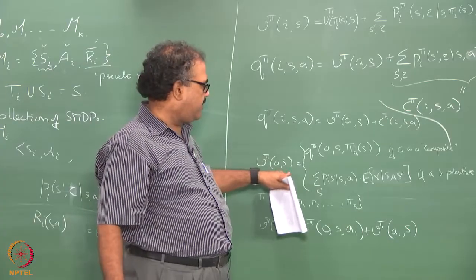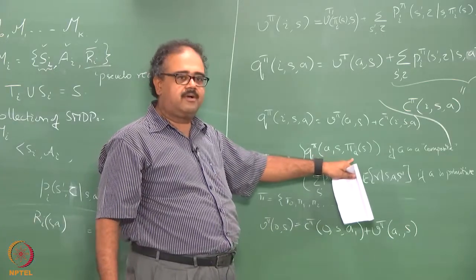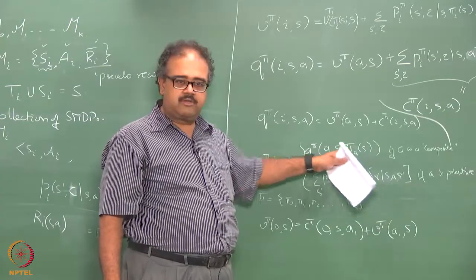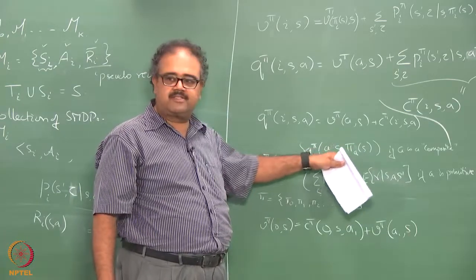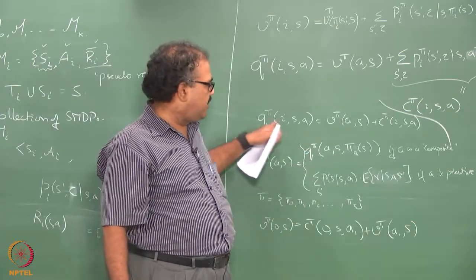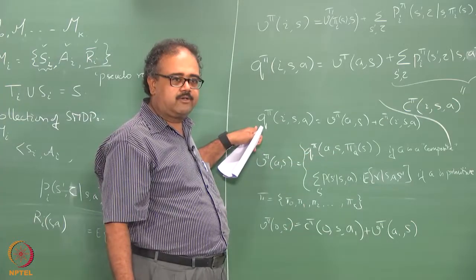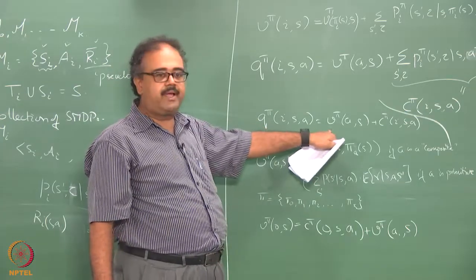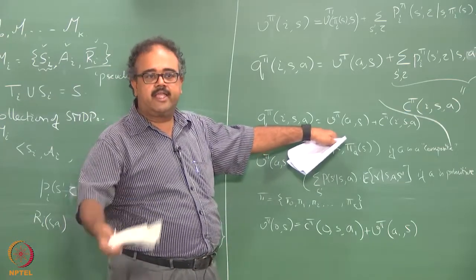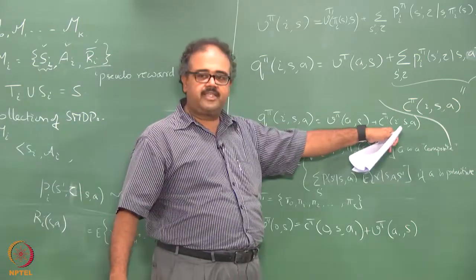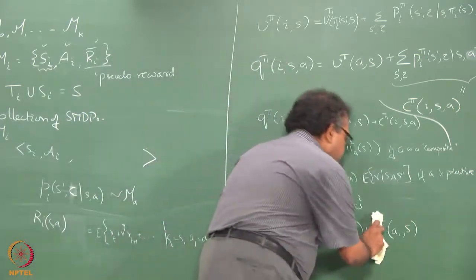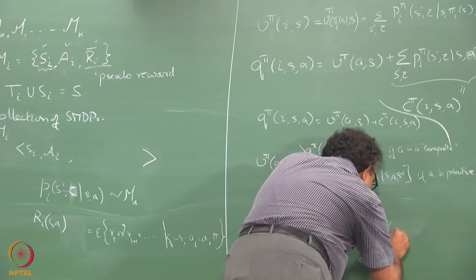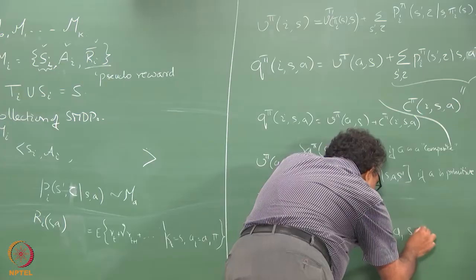So v pi A1 comma s will be q pi A1 comma s comma A2, and then I will go back to q pi A1 comma s comma A2, which will be v pi A2 comma s plus c pi A1 comma s comma A2.